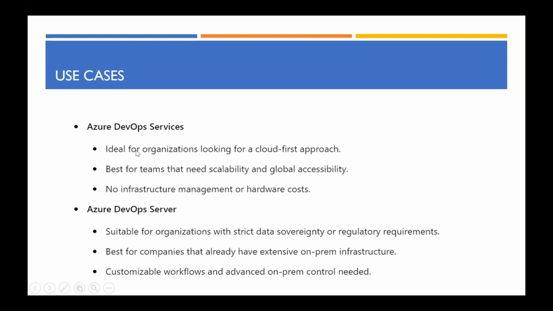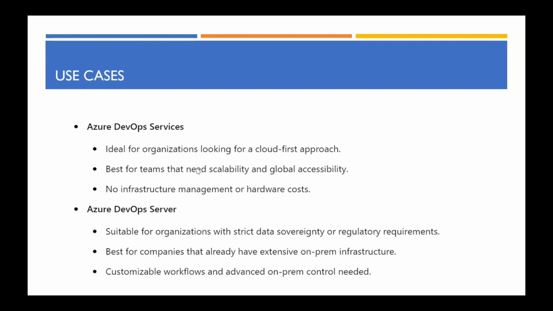This is also best for teams that need scalability and global accessibility. If you don't need to worry about scaling, then you can of course use Azure DevOps Services. There is no infrastructure management or hardware cost. So in this case, you don't have to manage your infra and you don't incur the hardware cost as well.